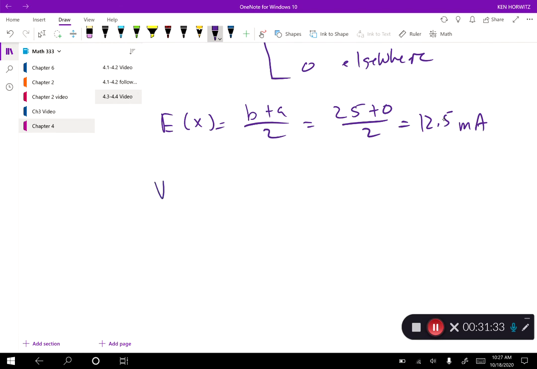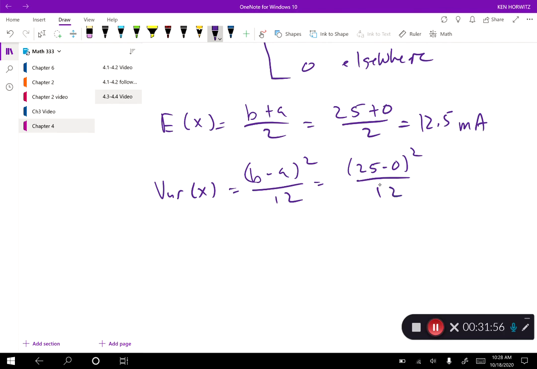And my variance was (b minus a) squared over 12, which would equal (25 minus 0) squared over 12.